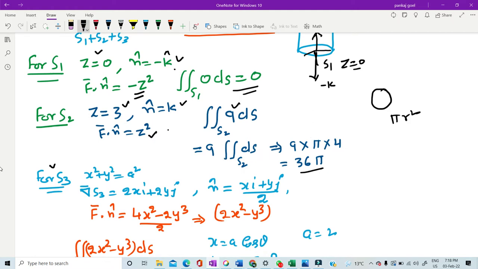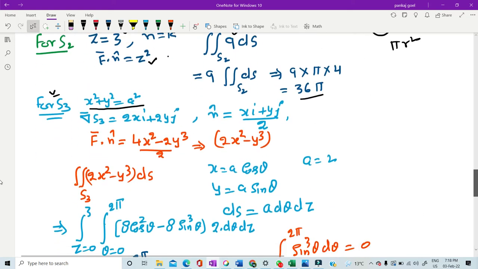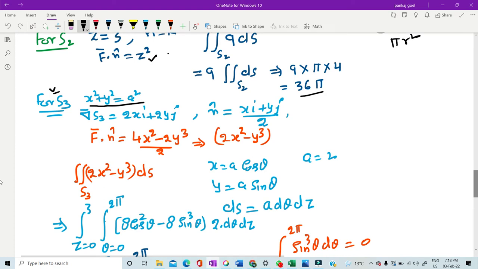Now we take S3. The S3 surface is the cylindrical surface. The equation of this is x square plus y square equal to a square. First we find out the n cap. For n cap we find del S3. Del S3 is 2x i plus 2y j.